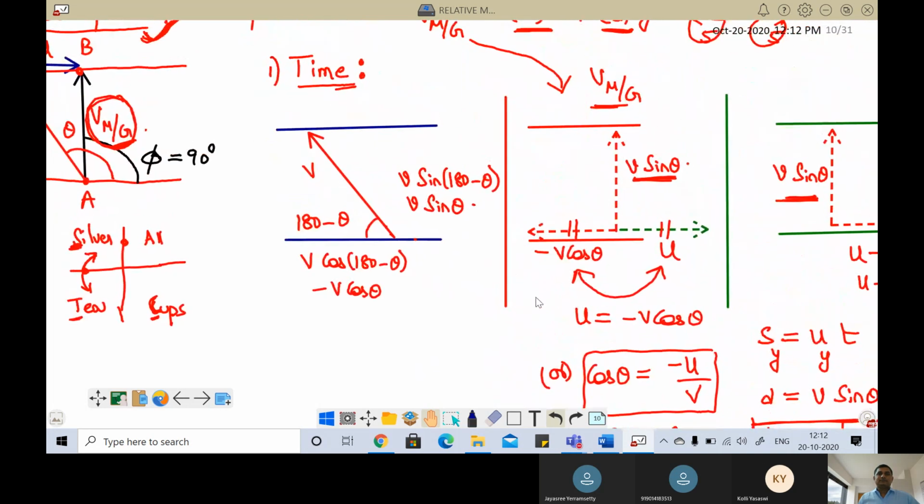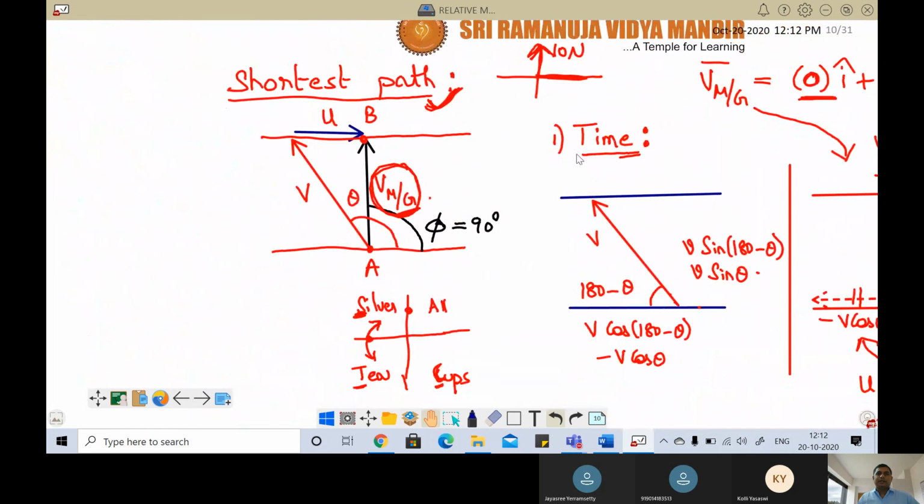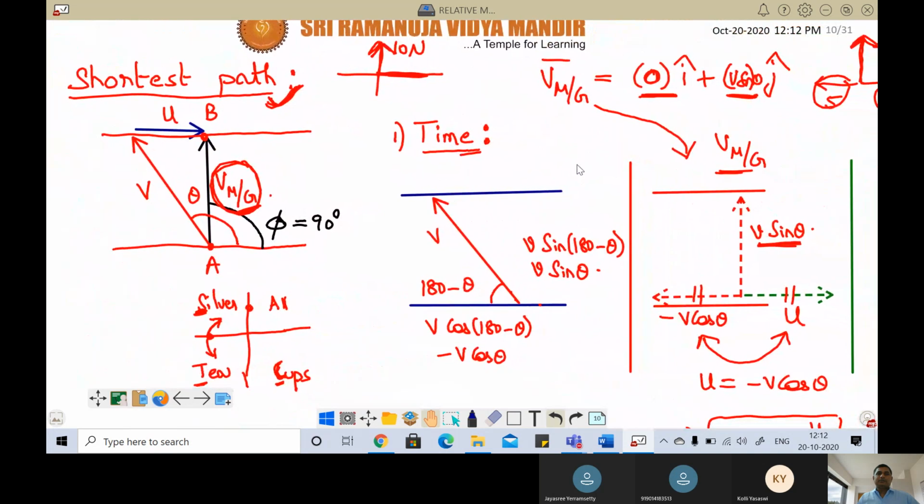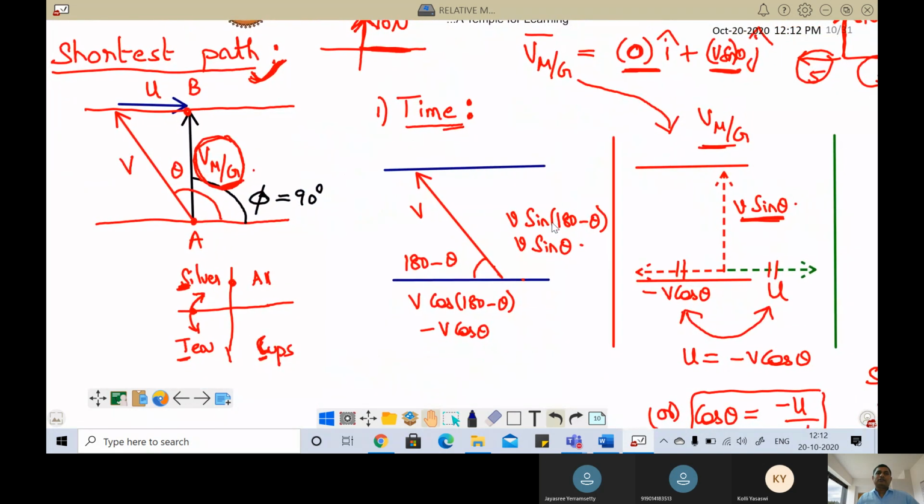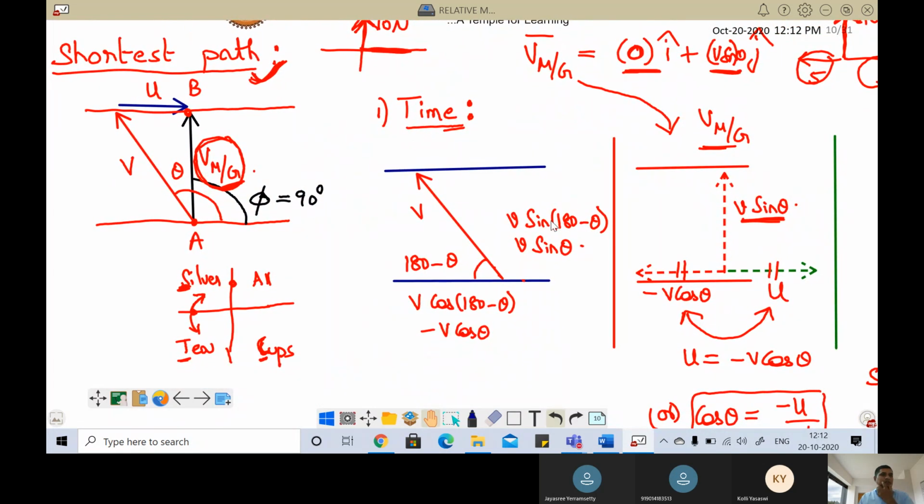So this is the concept of shortest path. If you want to cross the river in the shortest path, you should travel at some angle theta which is greater than 90, and then you will reach exactly point B.